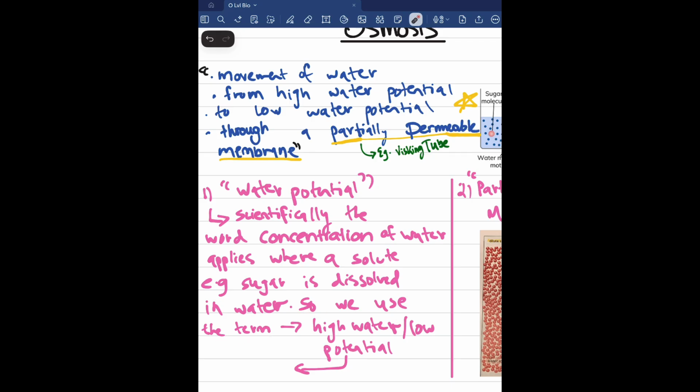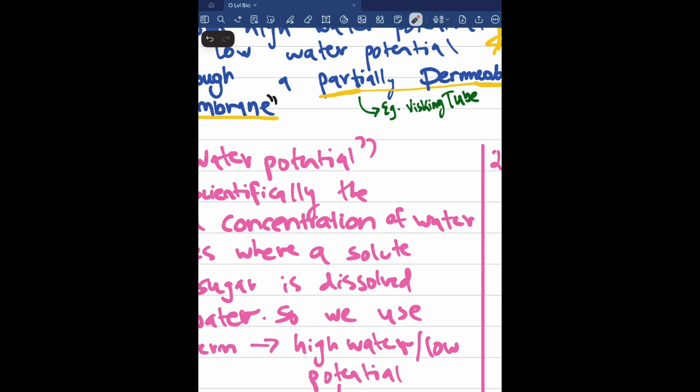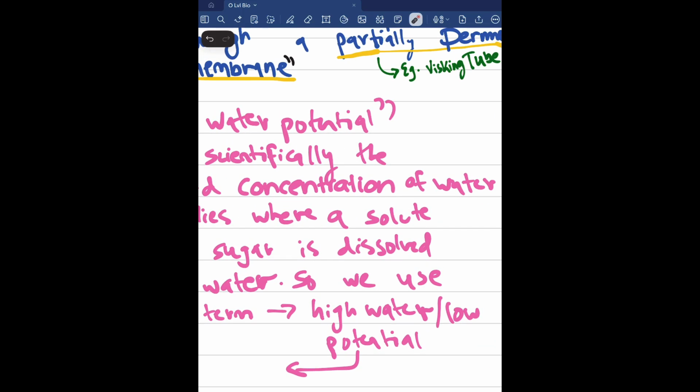So we use the words higher water potential or lower water potential for the word concentration. It's just a term thing, but at the basic understanding it is concentration, right? On a higher level, scientifically speaking, it does not mean concentration, but I think by now you get the crux of it.